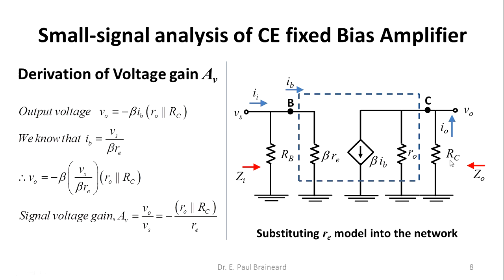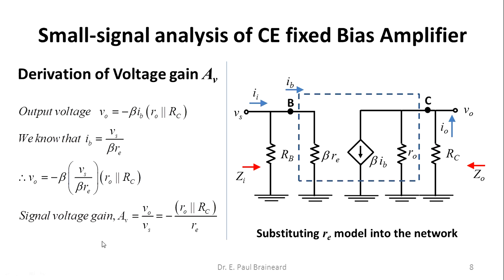We also know that Ib equals Vs by beta times re. From these two expressions, rewriting them and appropriately substituting them, the output voltage Vo equals minus beta times Vs by beta re, multiplied by the parallel combination of ro and RC.